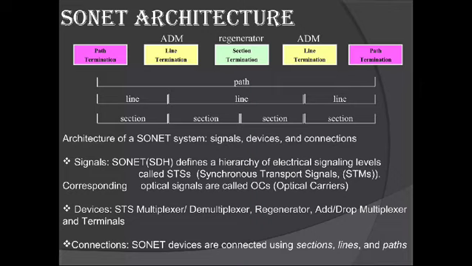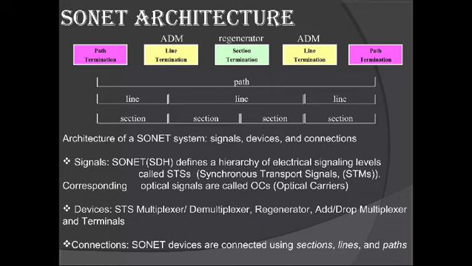In this architecture of the SONET system, we have devices, connections, and the signals that are passing through the devices through some connections. First we will see signals. SONET defines a hierarchy of electrical signaling levels called STS, which means synchronous transport signal.